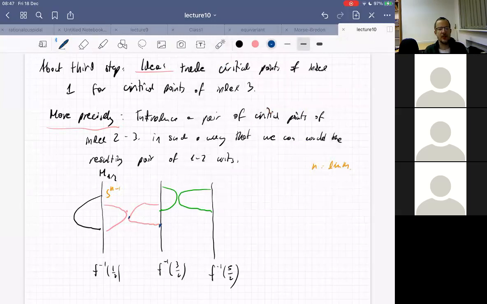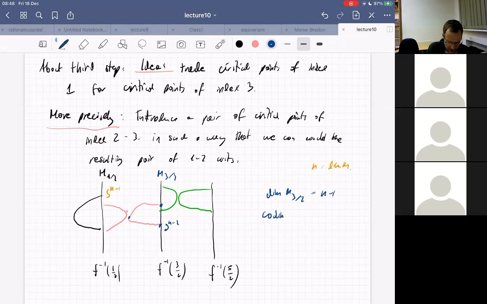So we have the unstable manifold, and these guys form S^{n-2}. S^{n-2} is a codimension 1 subspace in the level set. This guy, M_{3/2}, has dimension n minus 1.